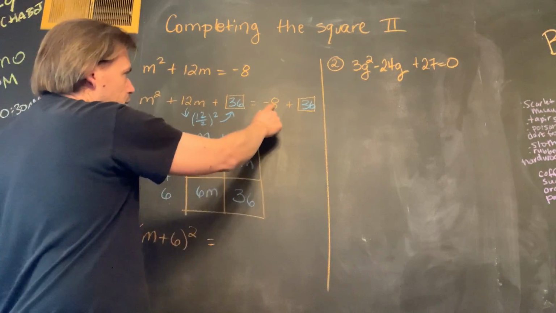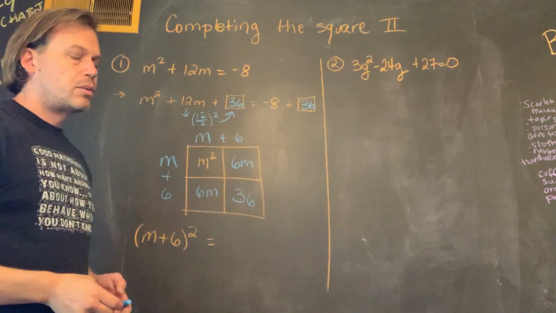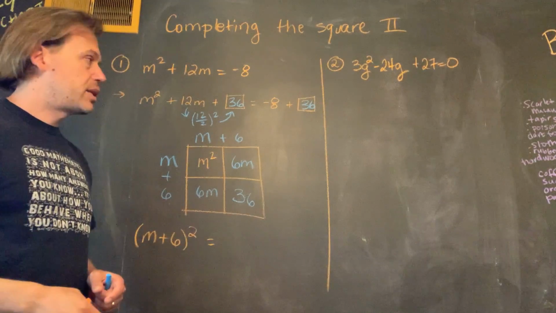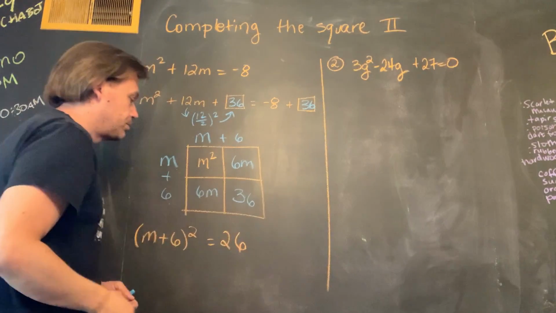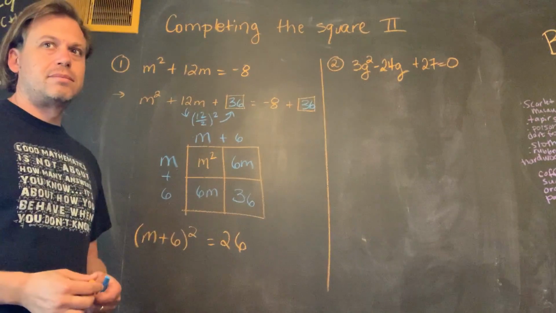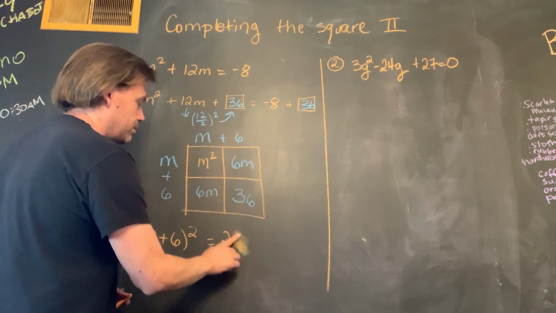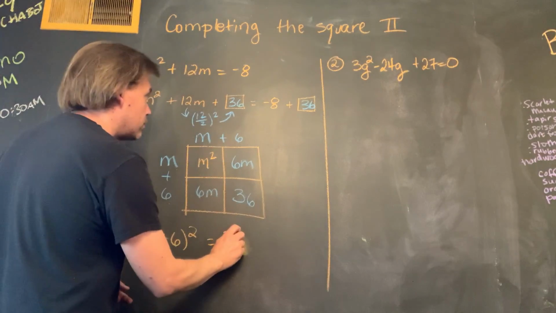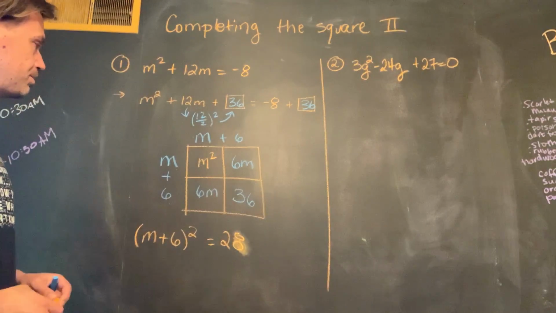And on the right, I need to do negative 8 plus 36, which is going to be 26, positive 26. That's not right. Positive 28.